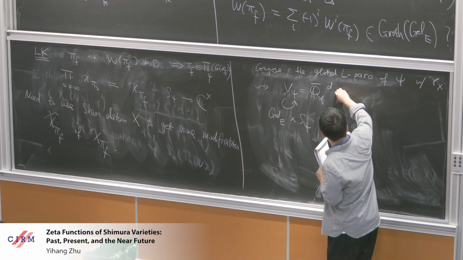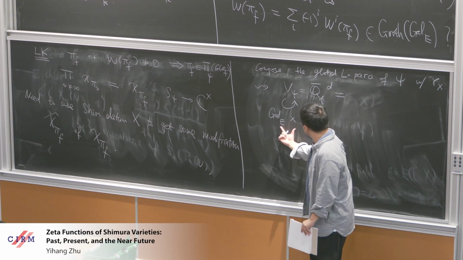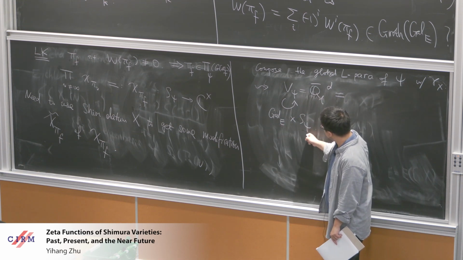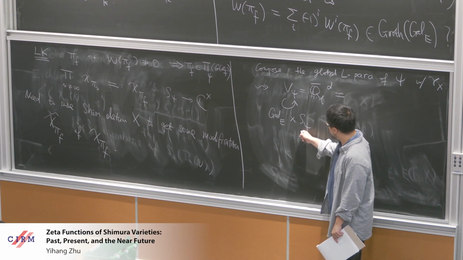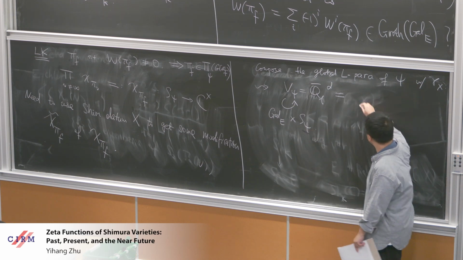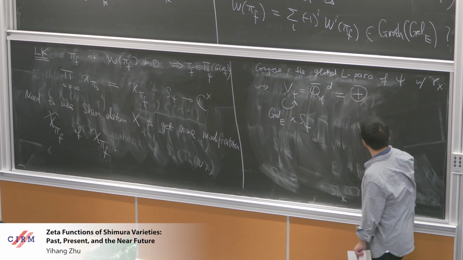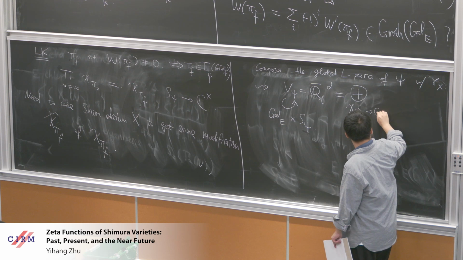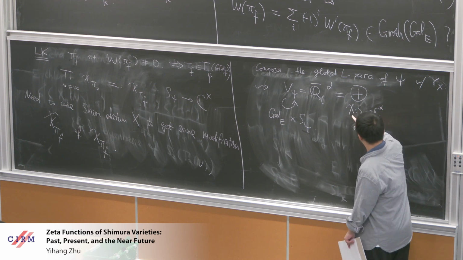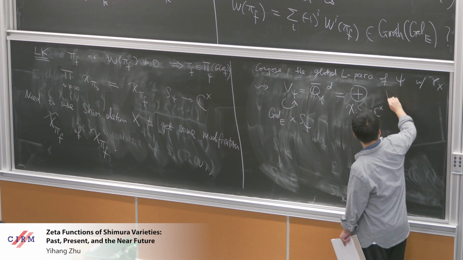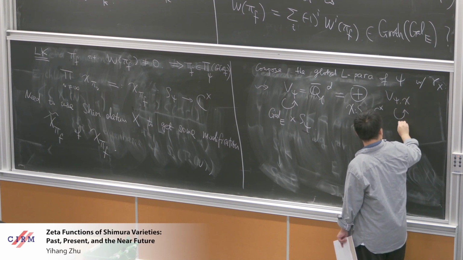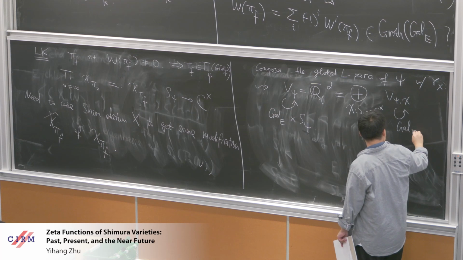And since it has these two commuting actions, you can decompose it according to the eigenvalues of S_ψ, into the χ-eigenpart, V_ψ,χ. And so this is just a representation of the Galois group.